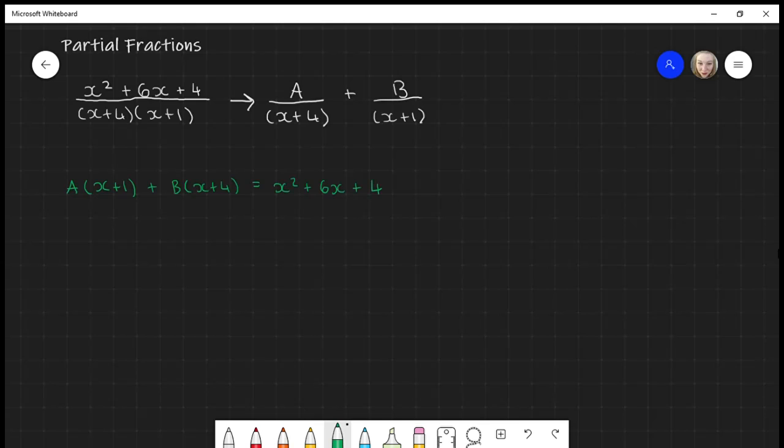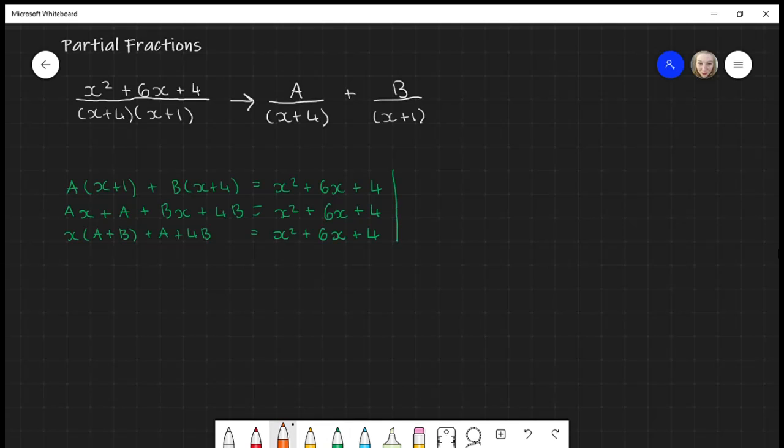Times the left-hand side out. Group the like terms. And now we can compare coefficients.